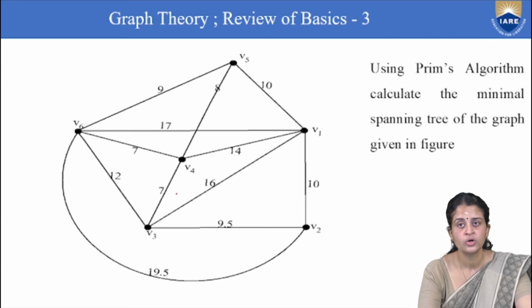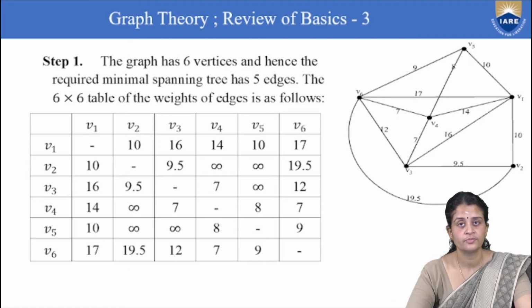V3 is connected to V1, V2, V4, V6. V4 is connected to V1, V6, V3 and V5. Similarly, V5 is connected to V6 and V1, and V6 is connected to V1, V2, V3, V4, V5. Now we are going to first write down the tabular form.